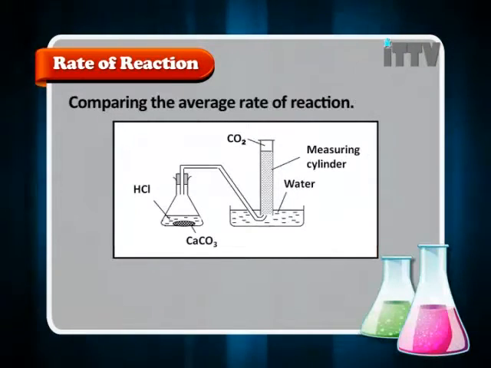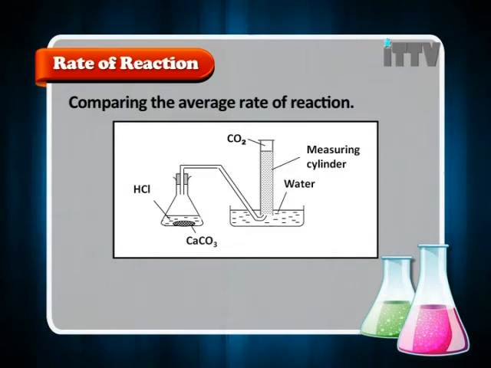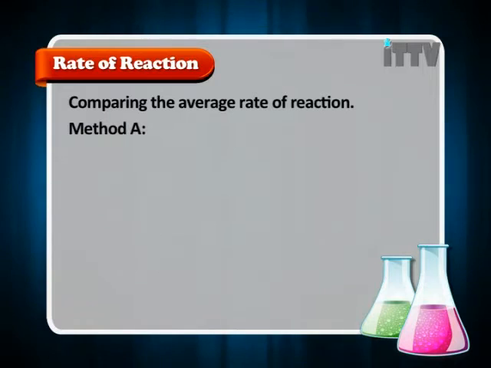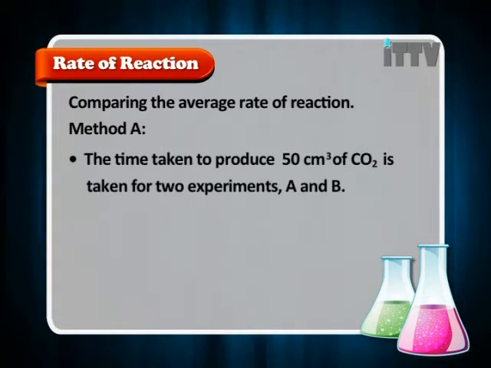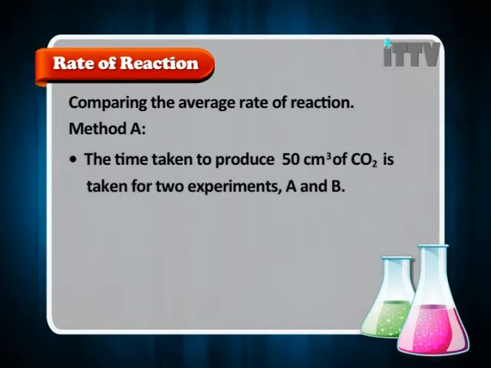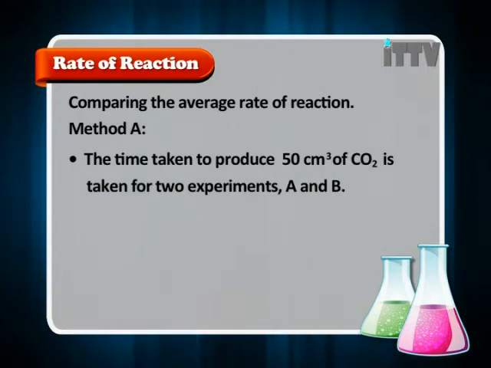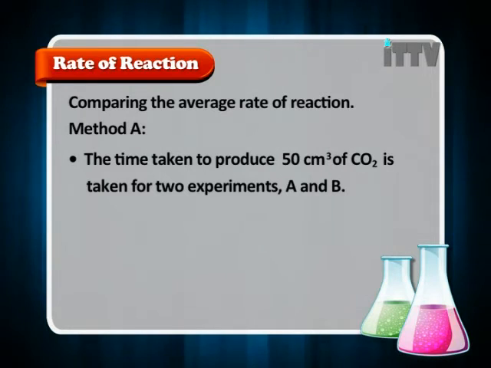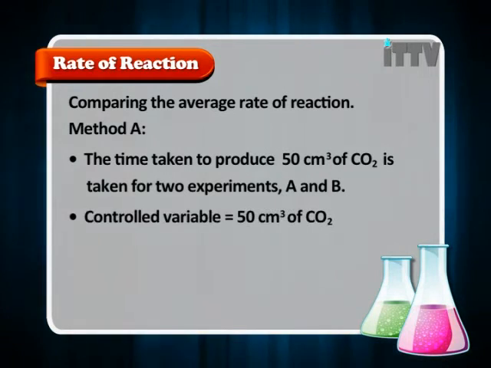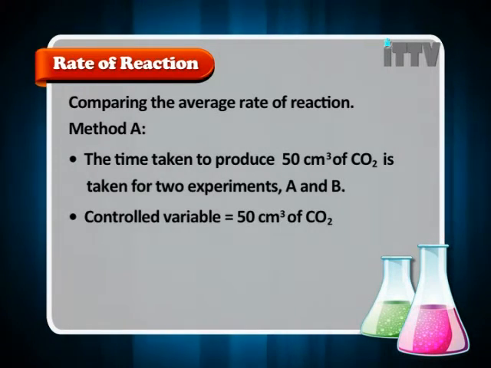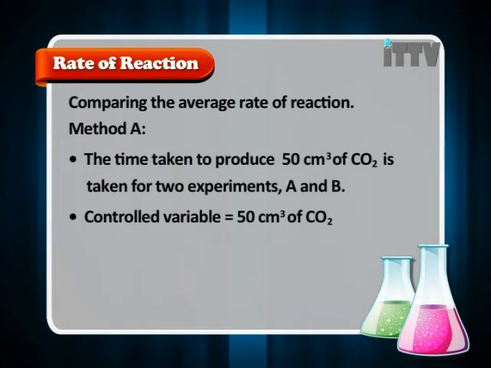First, we want to have a look at the reaction between hydrochloric acid and calcium carbonate. Method A. The time taken to produce 50 cm³ of carbon dioxide is taken for two experiments, A and B. The controlled variable is 50 cm³ of carbon dioxide.